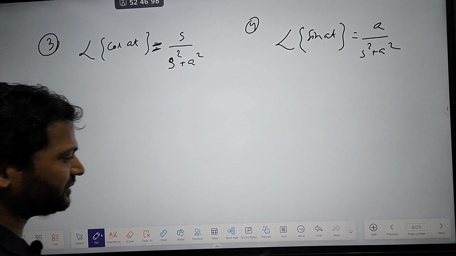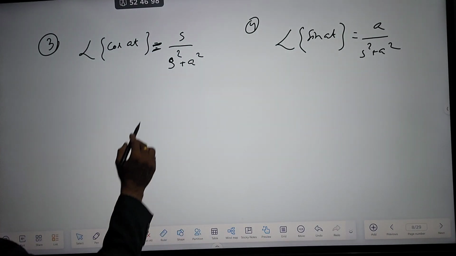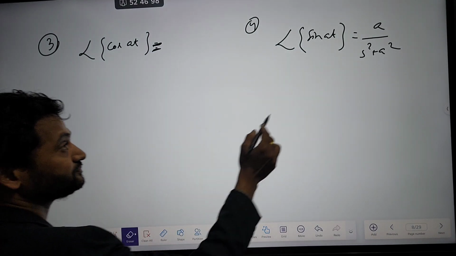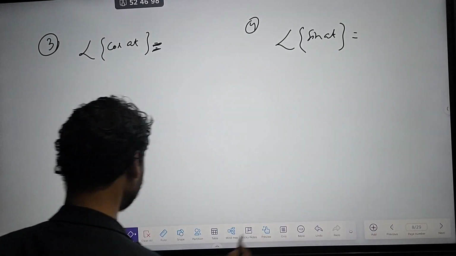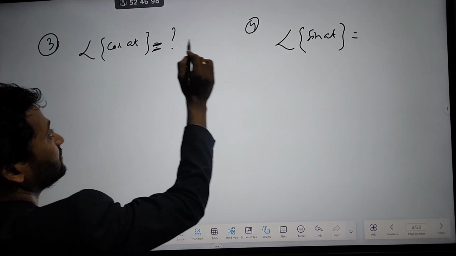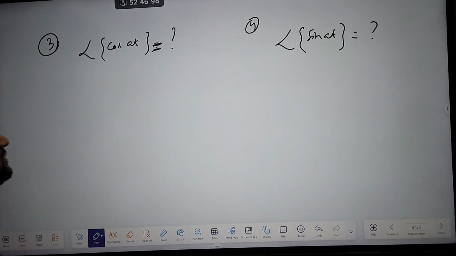So leave it. So better you derive it. मे भी क्वेश्चन आ सकता है, ठीक है. So we'll derive this formula.